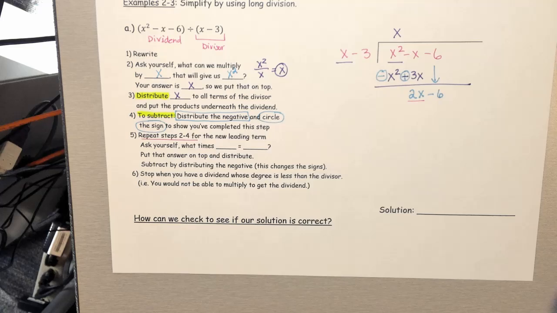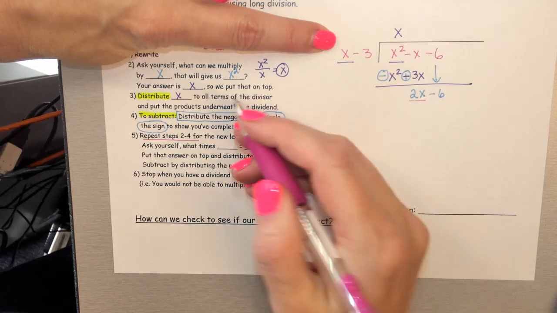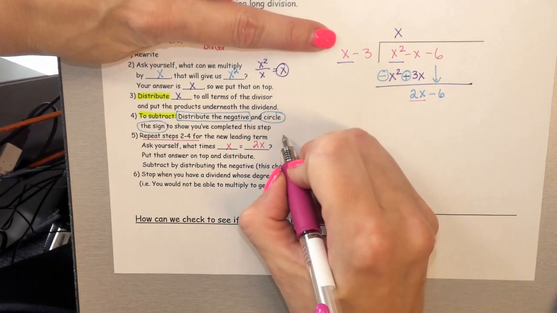So let's fill in that ask yourself blank. Now what we're going to do is look at the new leading term. So now we have 2x. What we're going to ask ourselves is, what can I multiply by x to get 2x? Or you could do the division.